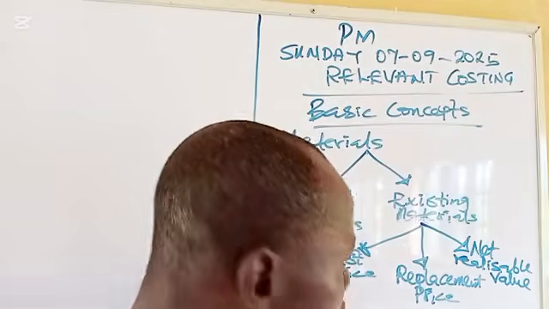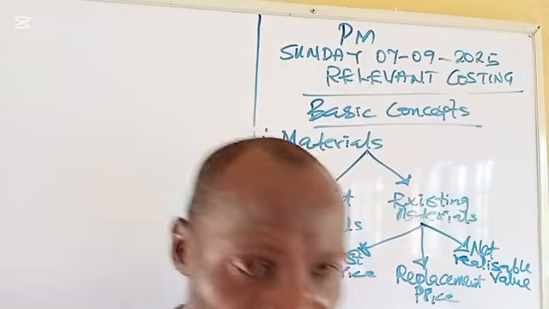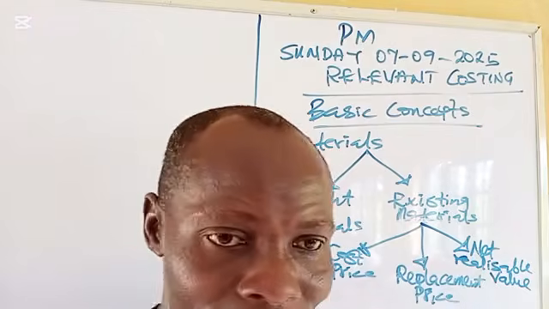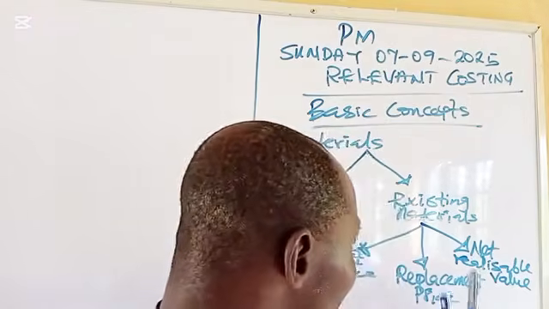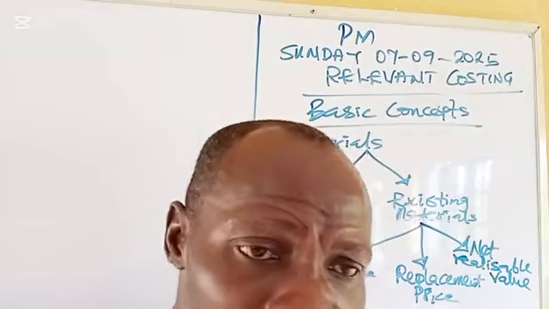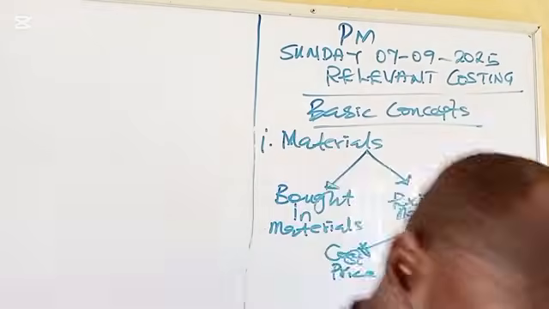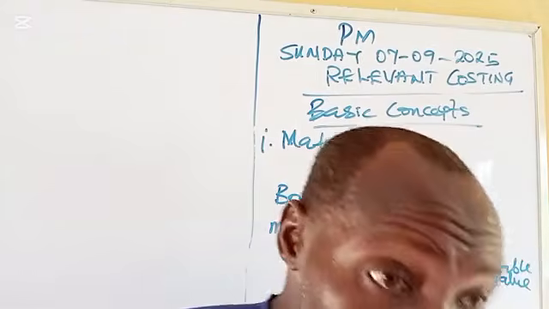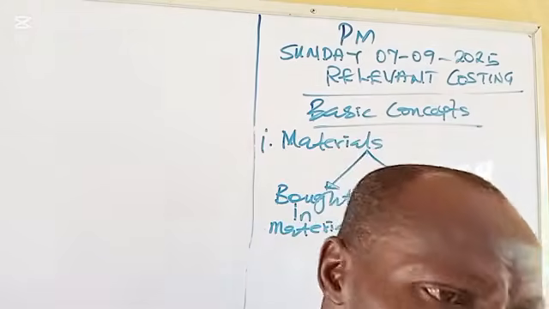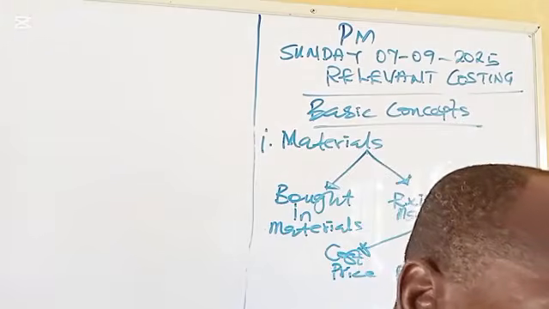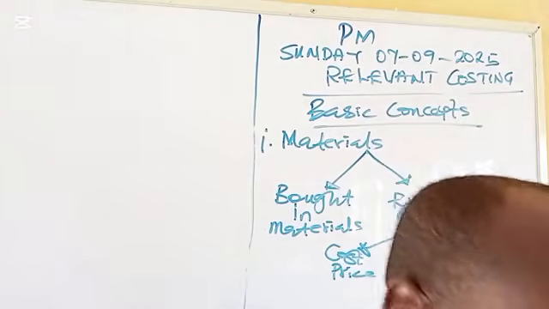Now, when will you consider the net realizable value as a relevant cost? I've told you this means the sellable value of the item, the amount you sell the item for. When will you think of selling the material?